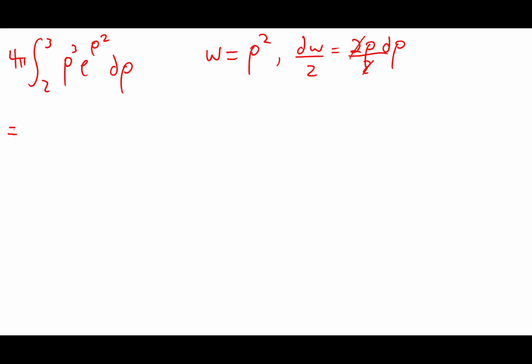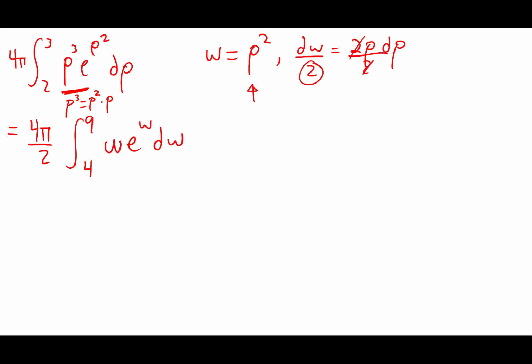That'll turn our integral into 4 pi over 2, where the 2 comes from our differential. If rho is 2, w is 4; if rho is 3, w is 9. Remember rho cubed is rho squared times rho, so we're going to get the integral of w e to the w dw.